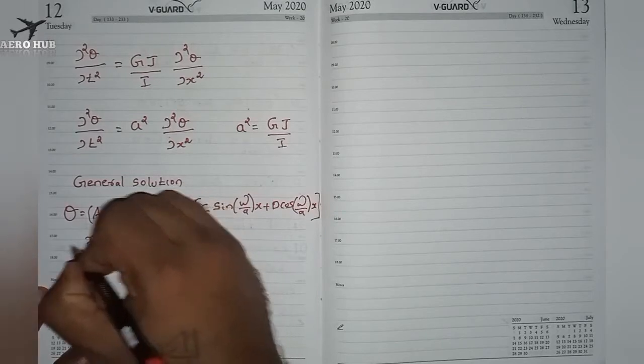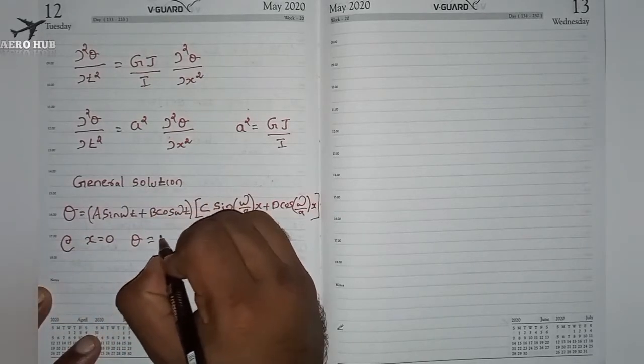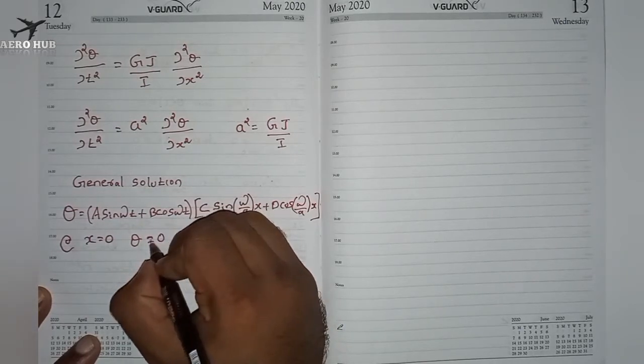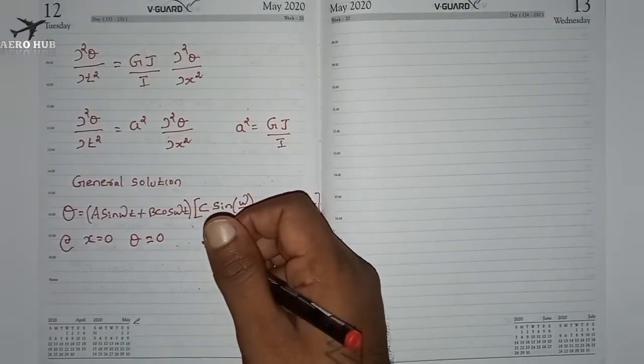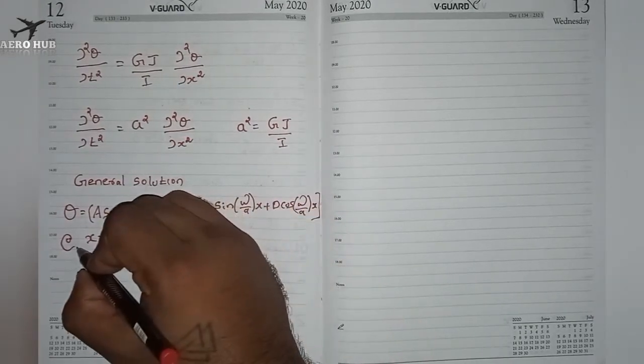Okay, so the first boundary condition is at x = 0, θ = 0. Okay, so we have a shaft and we are fixing the shaft at both ends, and at x = 0, the value of angle of twist is equal to 0. Okay, so we substitute the boundary condition here.